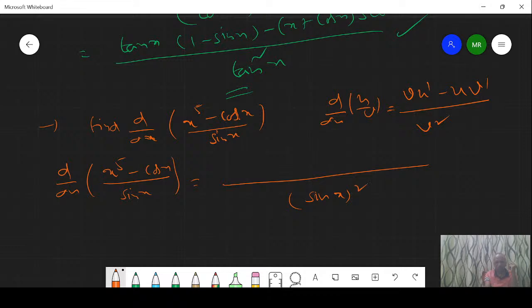You can write sin x into d by dx of x power 5 minus cos x, minus x power 5 minus cos x into d by dx of sin x. The derivative of sin x is cos x.